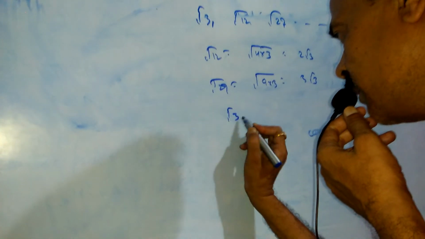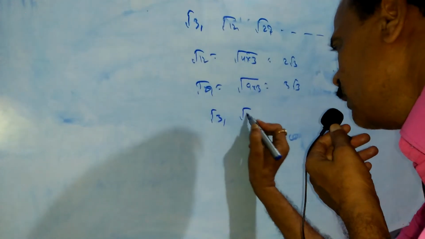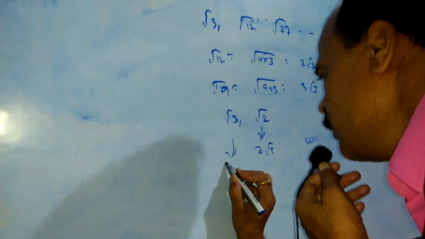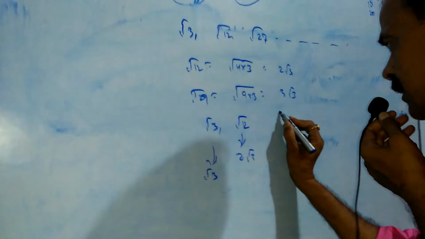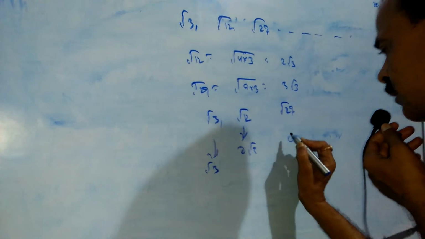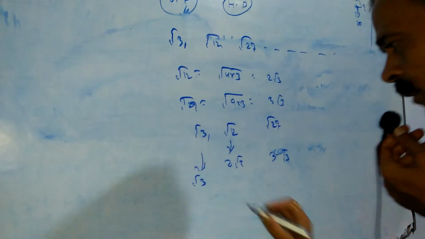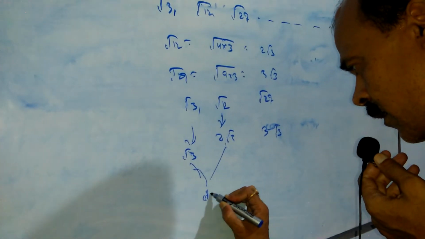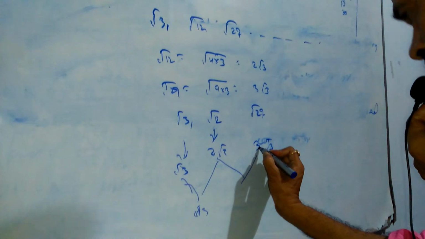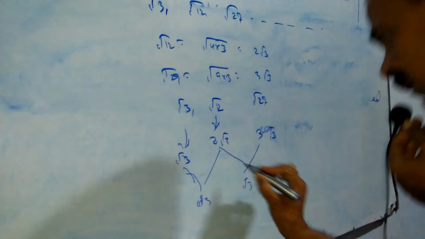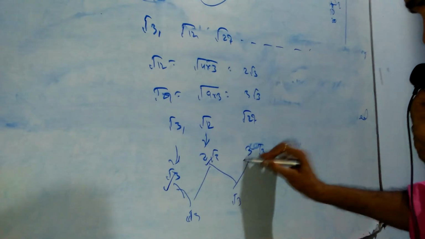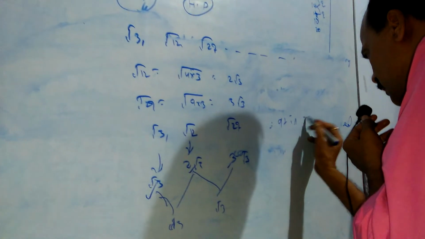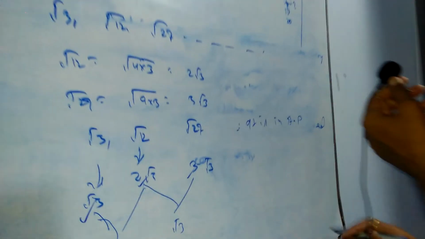The first number is root 3, the second number root 12 has the value 2 root 3, and the next number root 27 has the value 3 root 3. What do we see? The difference between 2 root 3 and root 3 is root 3. The difference between 3 root 3 and 2 root 3 is root 3. Therefore the common difference is the same, so it is in AP. That is the first question.